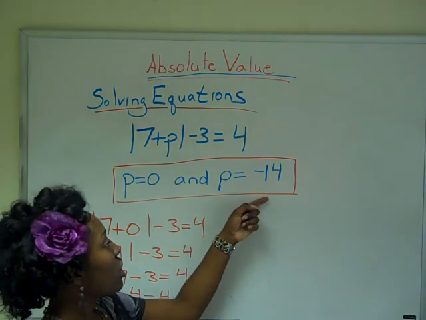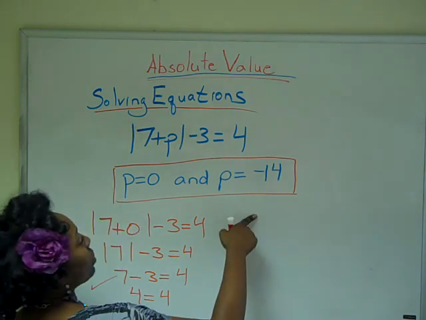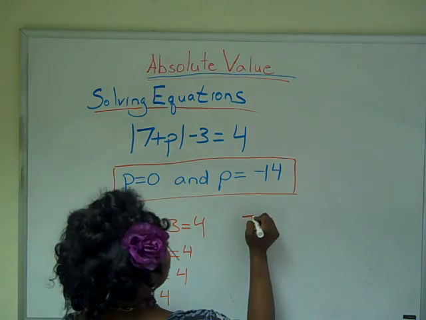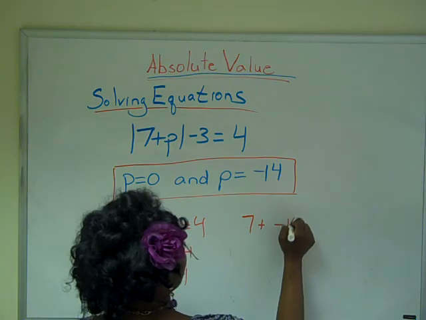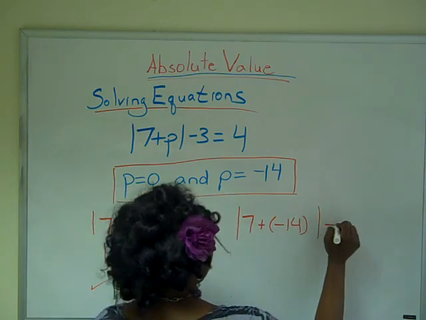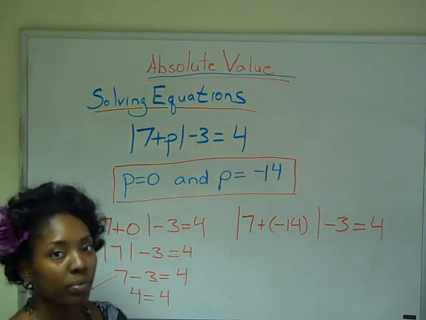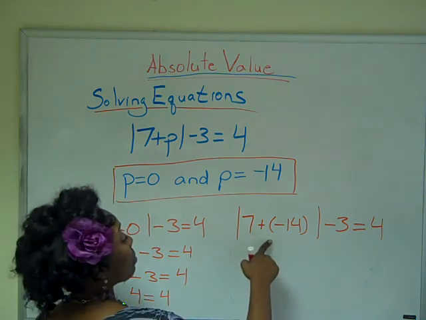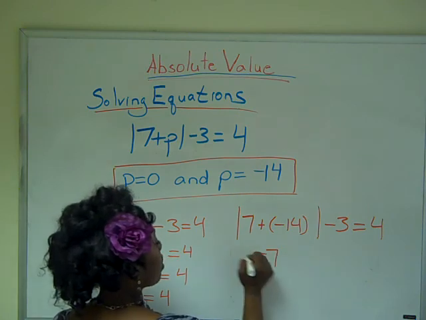Next, we'll check for p equal to negative 14. When we substitute negative 14 in for p, we get the absolute value of 7 plus negative 14, minus 3 equals 4. Seven plus negative 14 is negative 7.